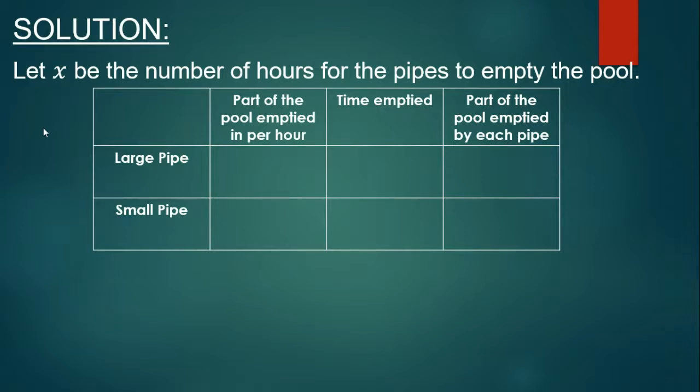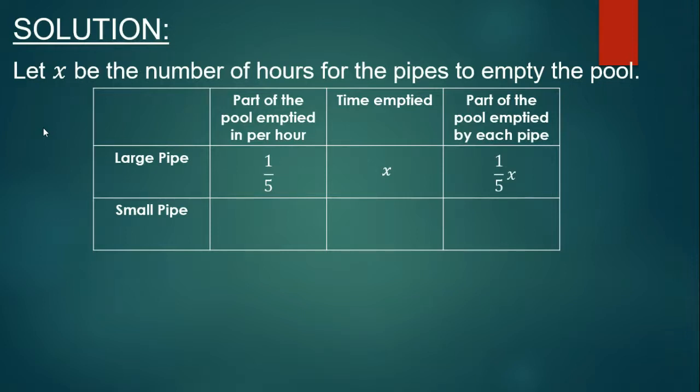So ibig sabihin, ang part ng pool na nai-empty niya kada oras ay 1 all over 5. Time emptied for the large pipe, we have x. Yun yung nilat natin. Let x be the number of hours for the pipes to empty the pool. And the part of the pool emptied by each pipe, we just multiply 1 all over 5 and x.